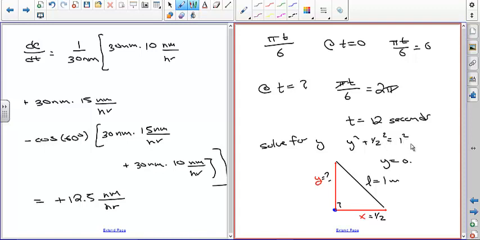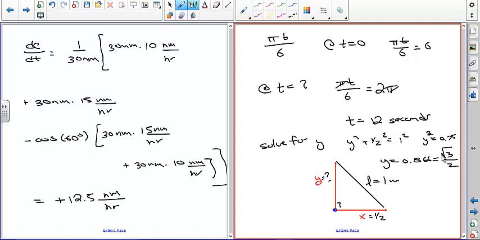So 1 minus 1/4. What you get is y squared equals 0.75. Then you take the square root of that. So what's the square root of 0.75? Okay, anybody recognize that number? So square root of 3 over 2.